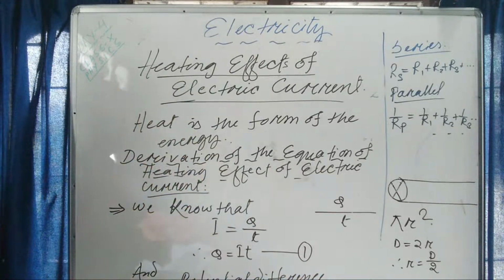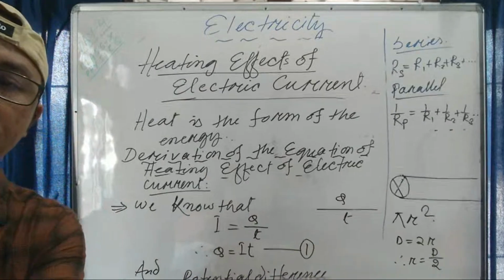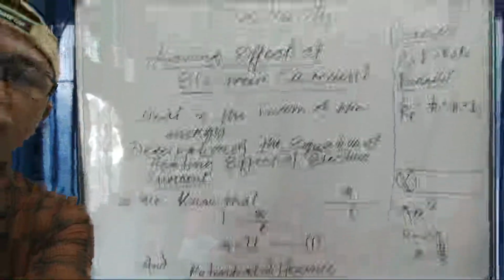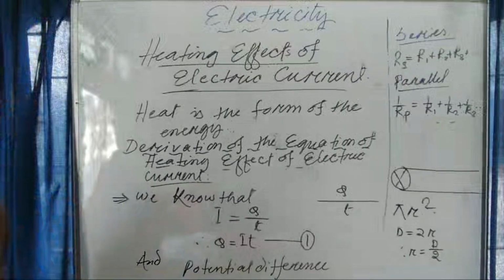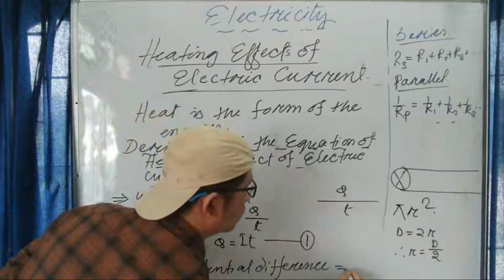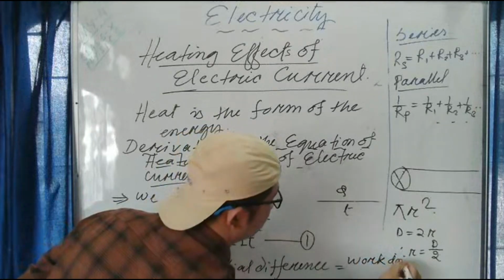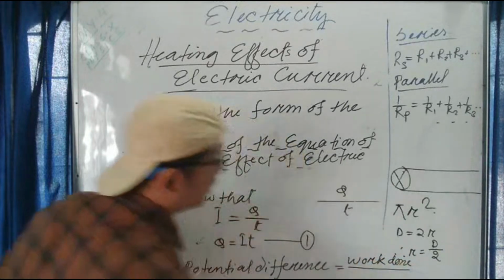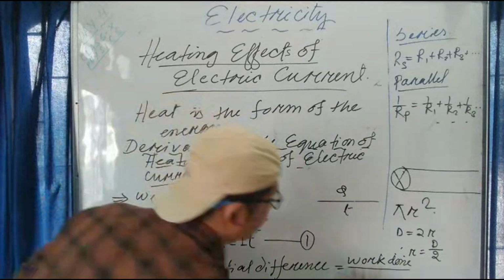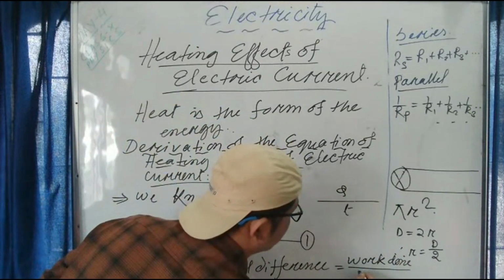What we know is potential difference is the amount of work done for moving a unit charge.